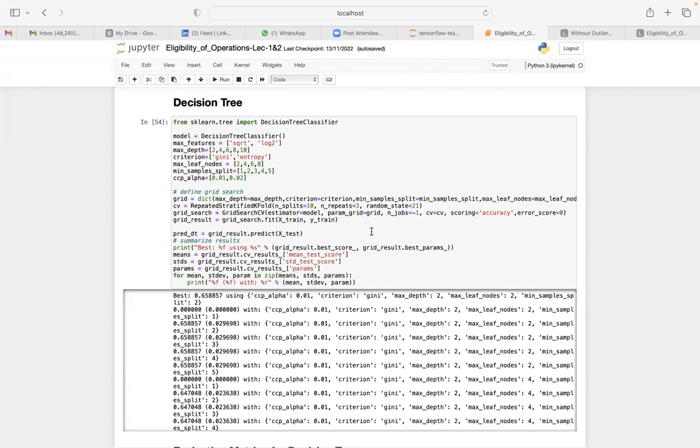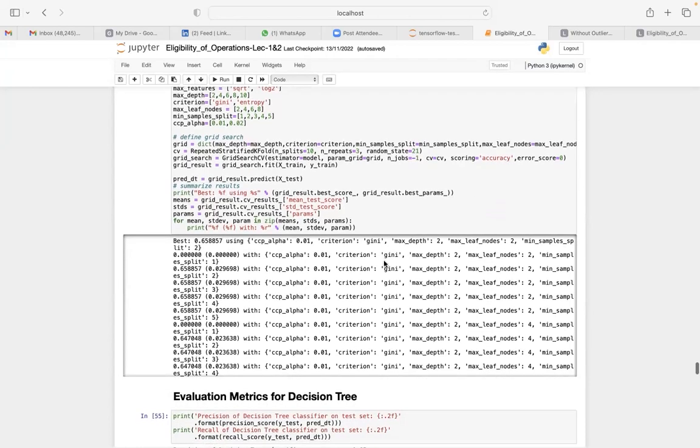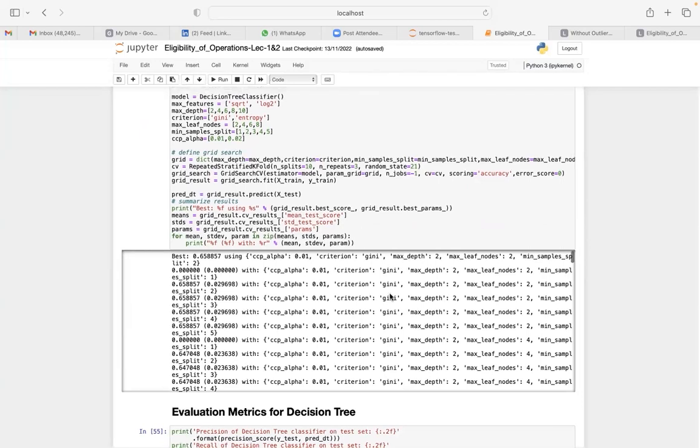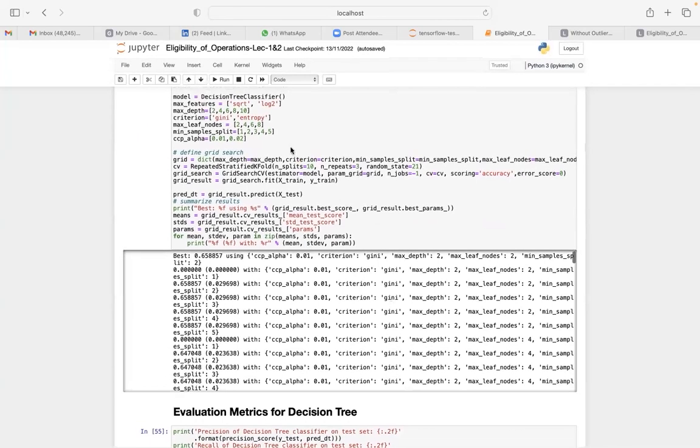So in every iteration, if it is taking around 108 combinations, then obviously it will take a lot of time to process, and that's why we should limit it to as low as possible.